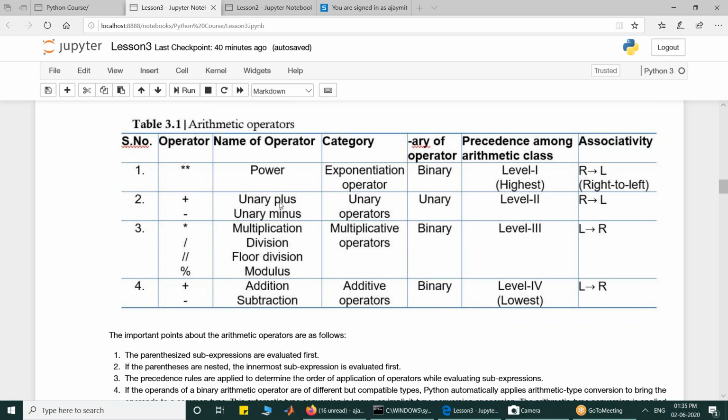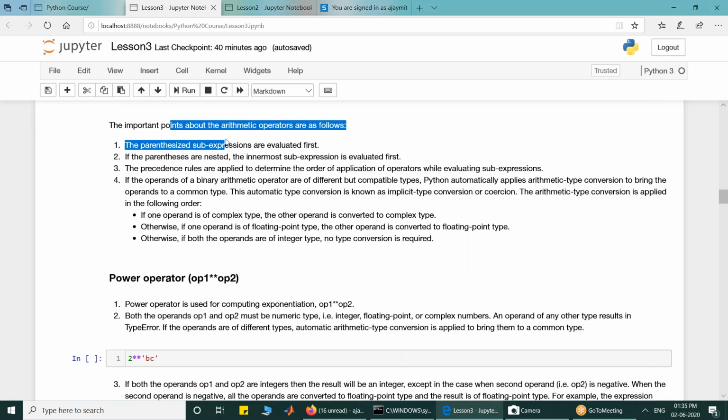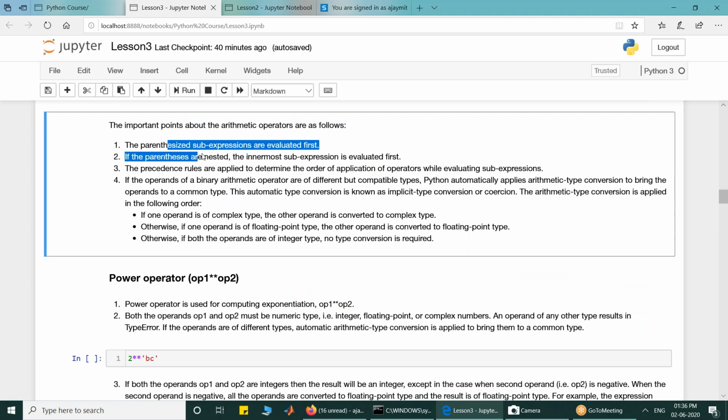And now we have to discuss how to evaluate. There are some rules which we must go through about evaluation of arithmetic operators. Rule number one is that if there is a parenthesized sub expression in an expression, it will be evaluated first.